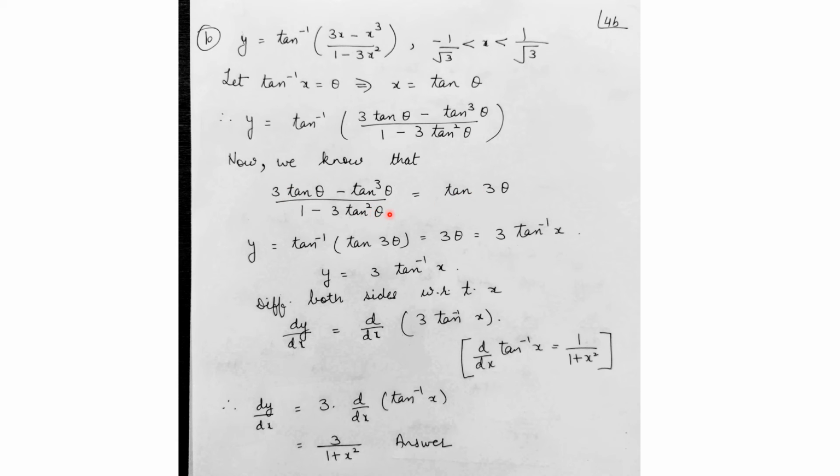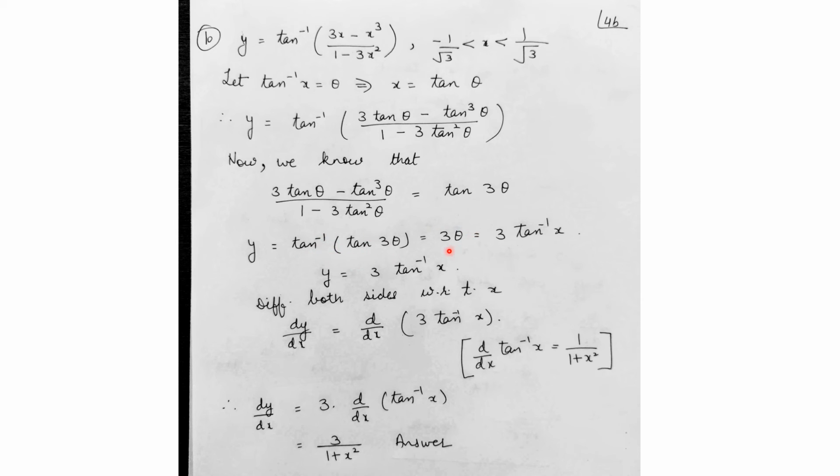If you know this formula very well, then on seeing the question, 3x minus x cube whole upon 1 minus 3x square, you will correlate this formula to this formula and you will automatically take x is equal to tan theta. And now we know this formula, this equals tan 3 theta. So I will put the value of tan 3 theta in this equation. I will get y is equal to tan inverse bracket starts tan 3 theta. Now tan inverse and tan will get cancelled.